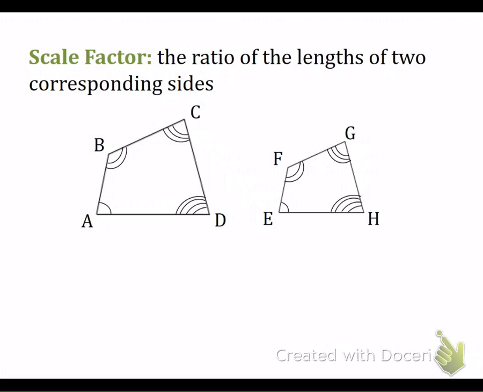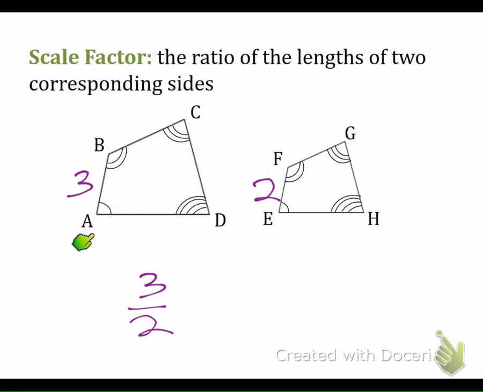So for example, if this was like 3 and this was 2, the scale factor would be 3 over 2. The tricky thing with scale factor is it tells you which way to do it.